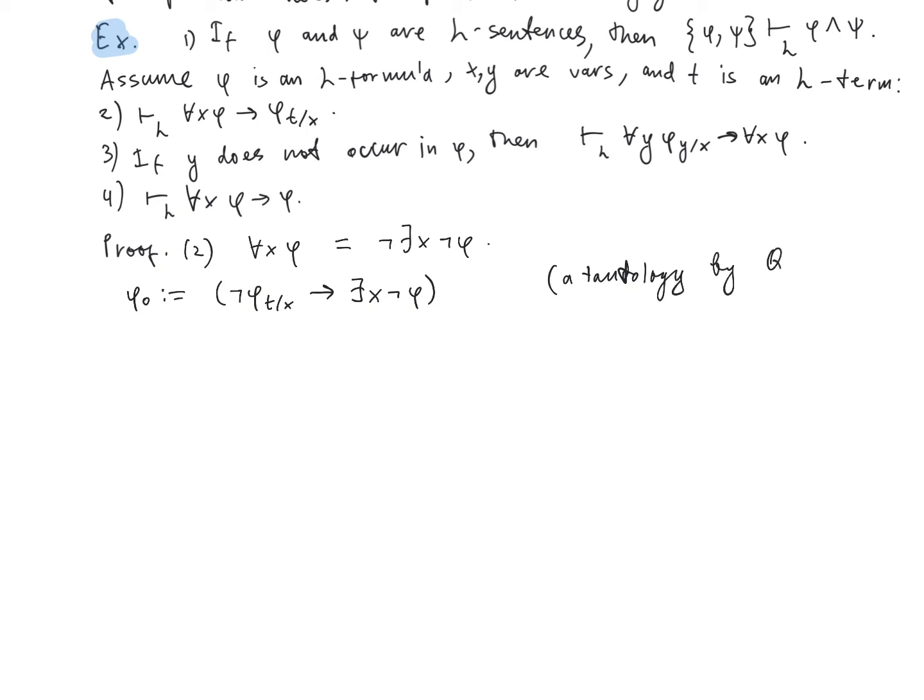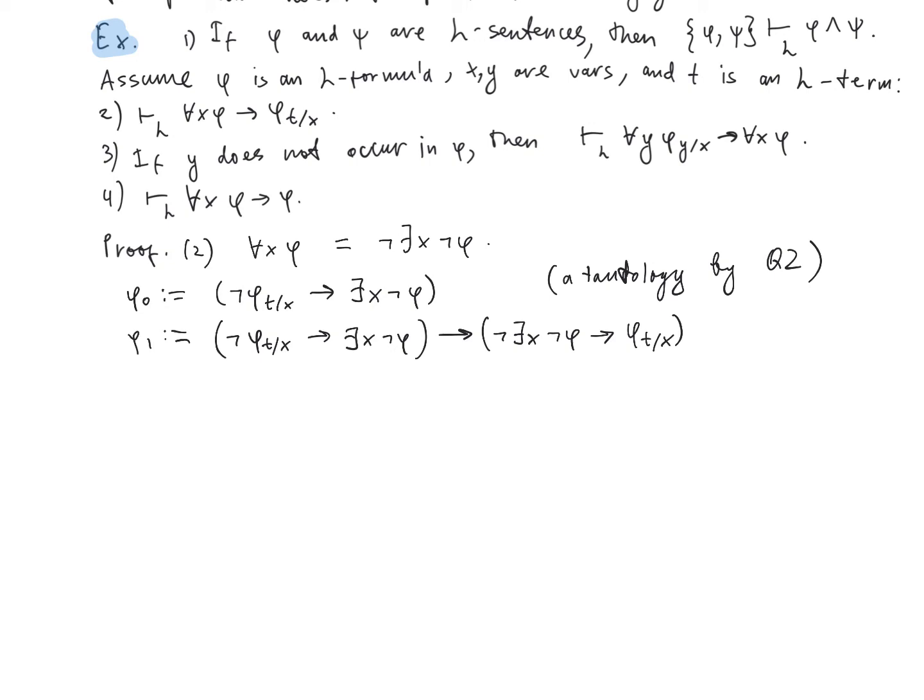By the quantifier axioms, namely by Q2, we take phi 1 to be the formula consisting of the following implication. So the first part is not phi with t substituted in the place of x implies exists x, not phi, implies not exists x, not phi, implies phi with t substituted in the place of x.